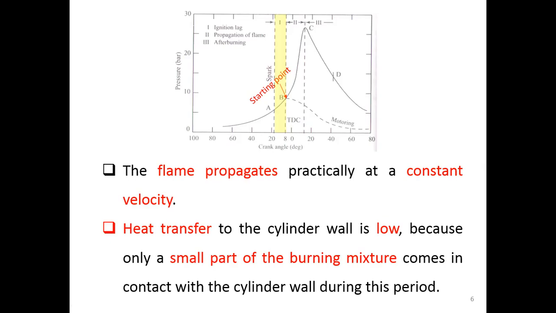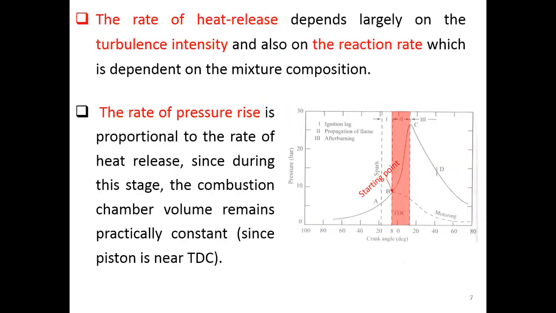Most of the heat just goes to the air-fuel mixture, and the flame has just started, so it is not wide enough to make contact with the cylinder wall. Only a small amount of heat goes to the cylinder wall at the very beginning of this state.